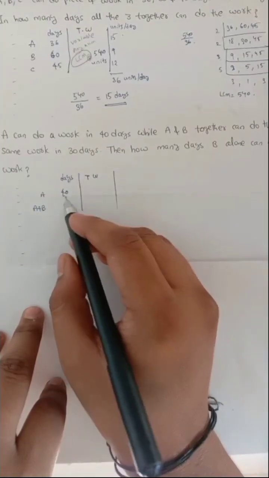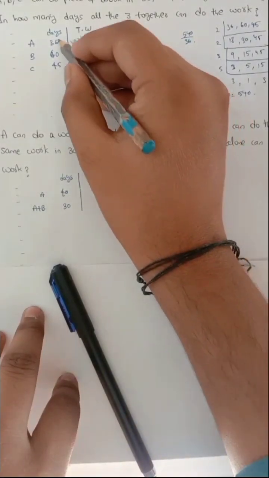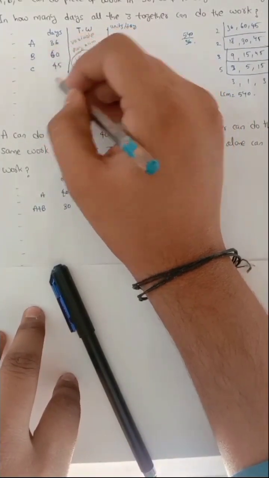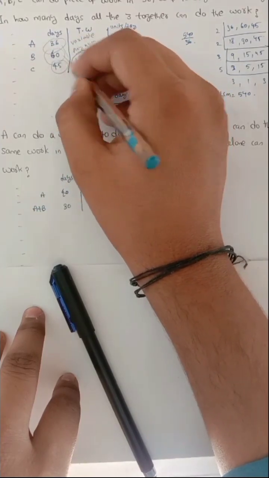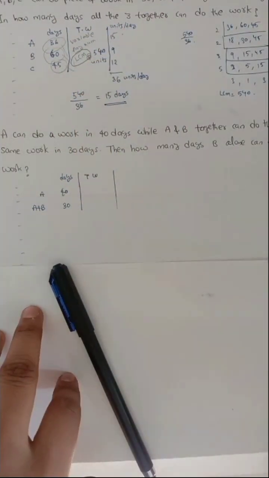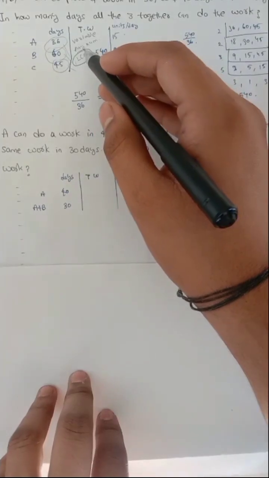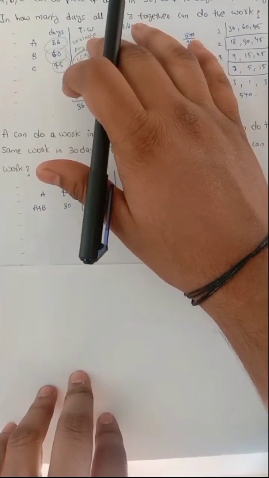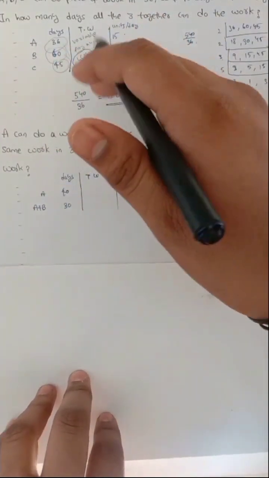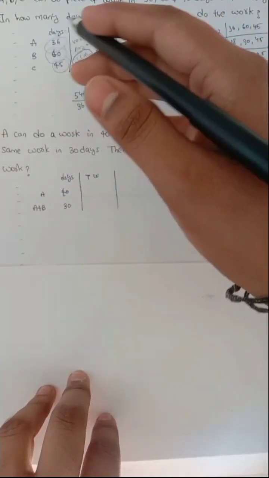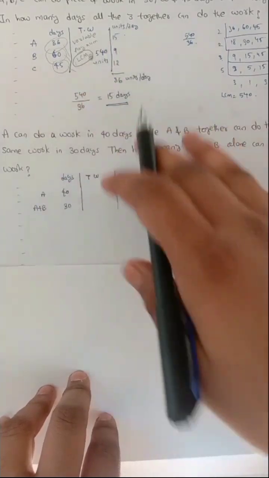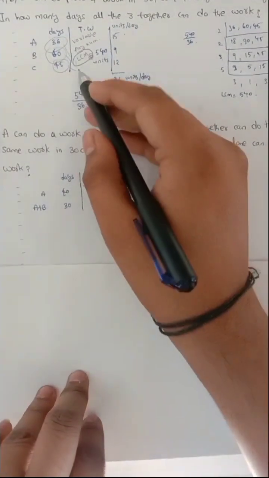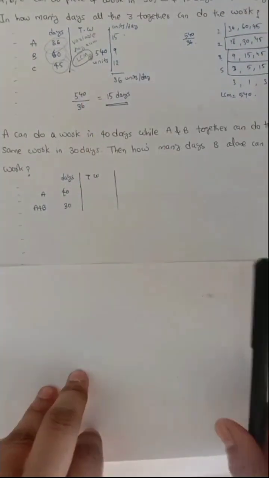Here I missed that you can use the multiplication of these terms also. There are a number of ways to calculate this total amount of work. We are just assuming one figure in order to find the answer. So you can use any one of them. I prefer this LCM only.